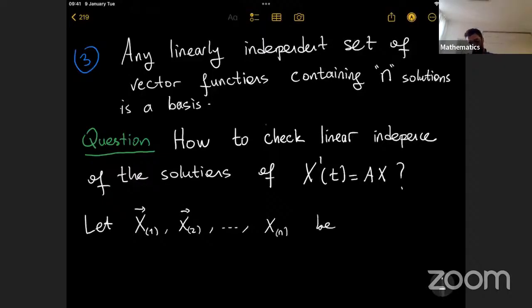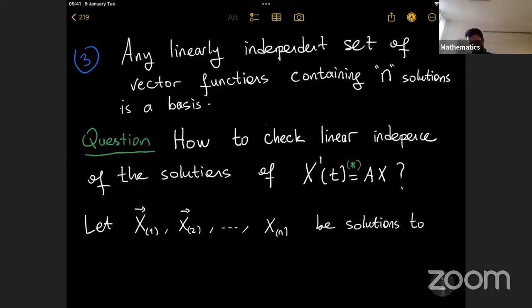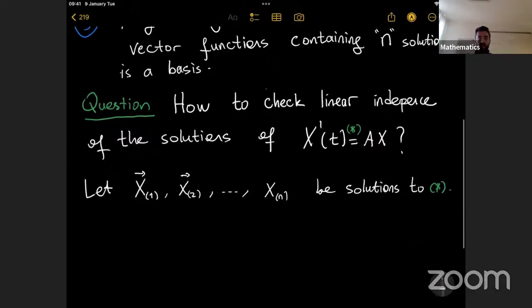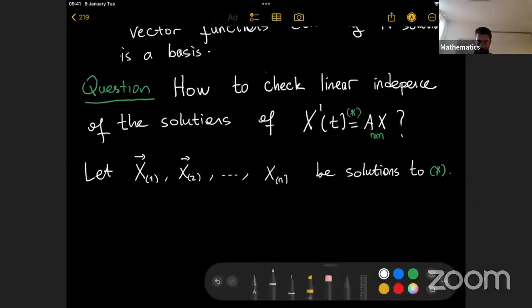Solutions to this ODE, the system, okay? We have n solutions, and here A is an n by n matrix. Let's see whether we have a linearly independent solution.